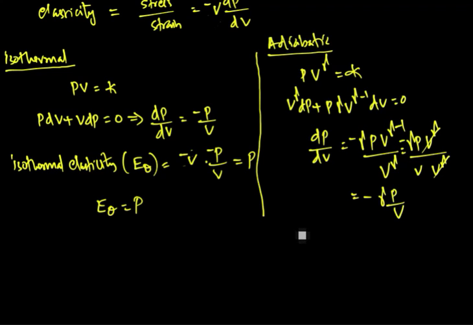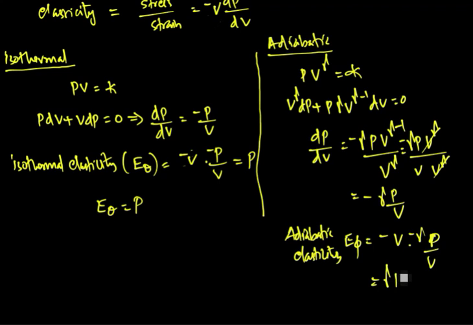So the adiabatic elasticity, denoted by E phi, is equal to stress by strain. The stress is dP and strain is dV by V, so it is minus V into dP by dV, which for an adiabatic process is minus gamma times P by V. So it is equal to gamma times P. So adiabatic elasticity E phi is given by gamma times the pressure.